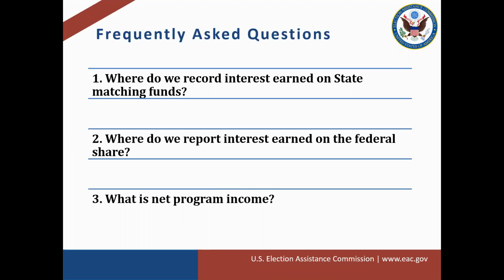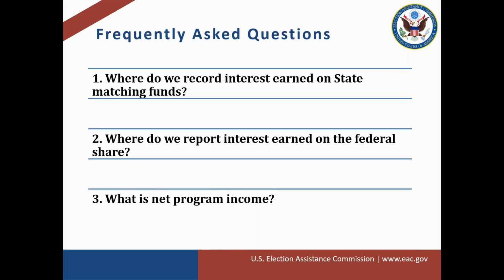And as we stated earlier, the interest earned on the federal share is what we use the program income section of the report for. And then another thing related to program income, and here I wanted to basically define what program income is. Program income is income that you earn from activities or things you produce with grant funds.